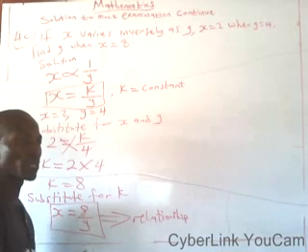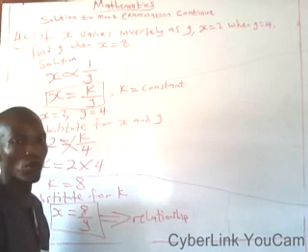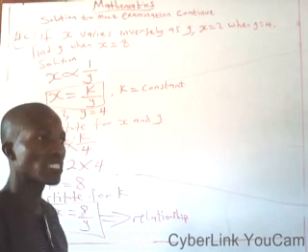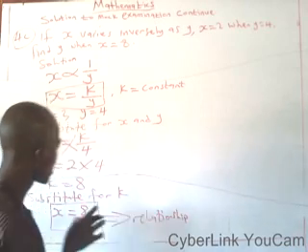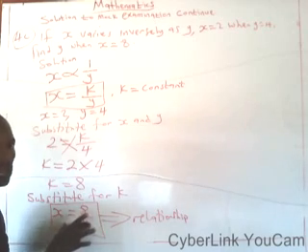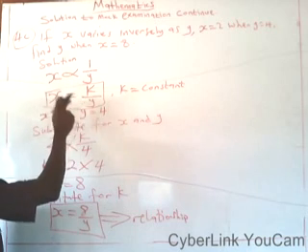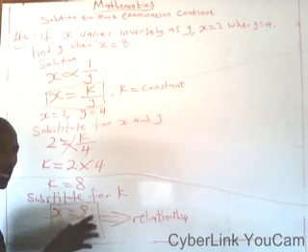In most cases you may be asked to determine the formula that connects x and y together. If you are asked that, this is the formula they are referring to, not this one. This is the real formula that connects x and y together.